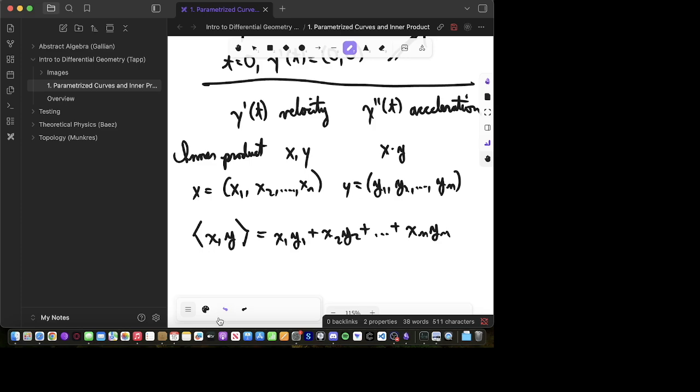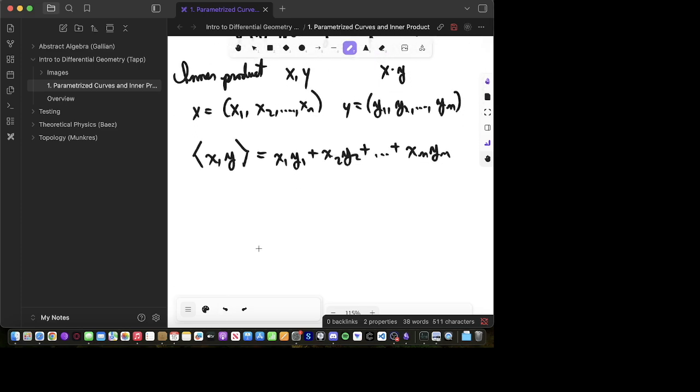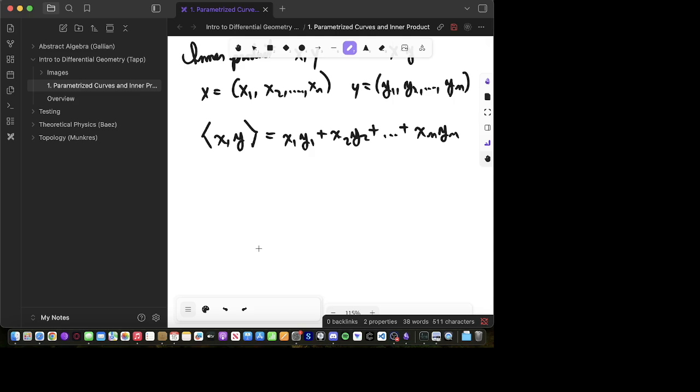Now the inner product has a couple of important properties in terms of the real numbers. The complex inner product has different properties, so keep this in mind. We're only talking about real numbers here. So the inner product of two vectors x and y will be equal to the inner product of y and x. So it's symmetric.